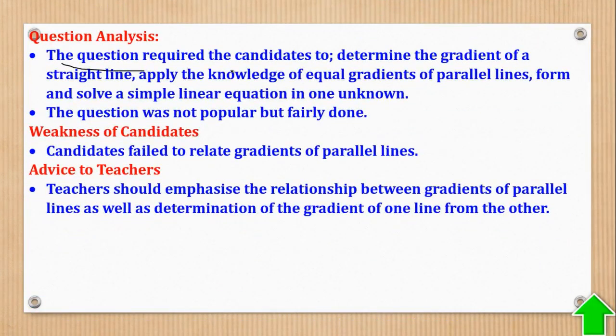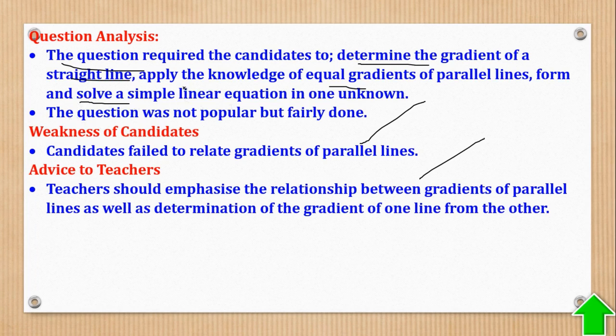So the question required candidates to determine the gradient of a straight line, apply the knowledge of equal gradients of parallel lines, and form and solve a simple linear equation in one unknown. So that was one way, but for me I used the other approach of using the knowledge of vectors. But you can also use the knowledge of straight lines having the same gradient, though that will be a little longer.